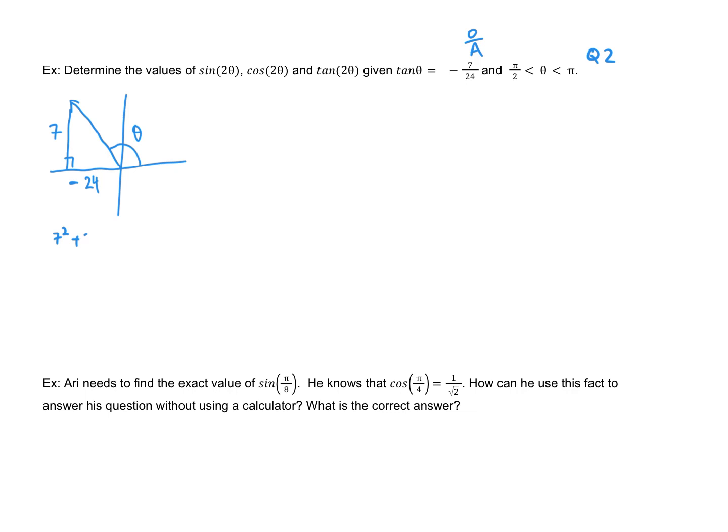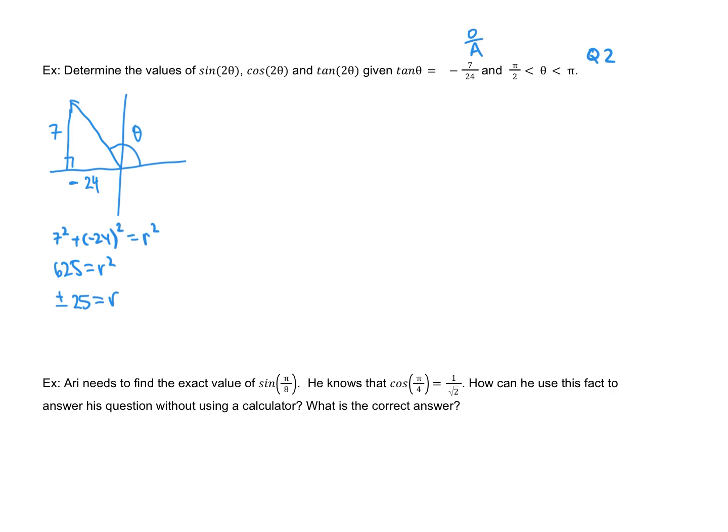So 7 squared plus negative 24 squared equals r squared, r for the radius of the circle that would be created by this terminal arm. 7 squared plus negative 24 all squared is 625. And when we square root both sides, we get plus or minus 25 for that hypotenuse.